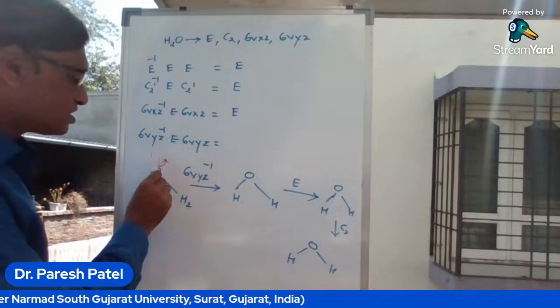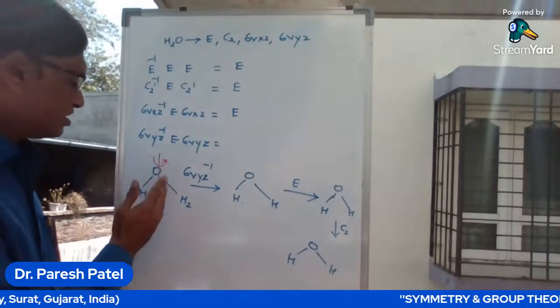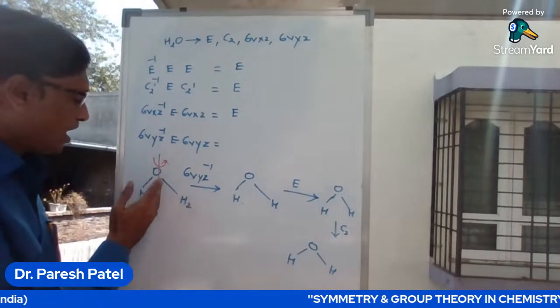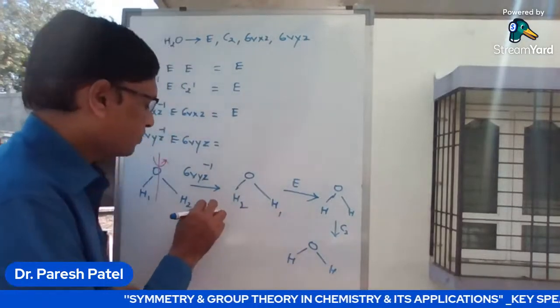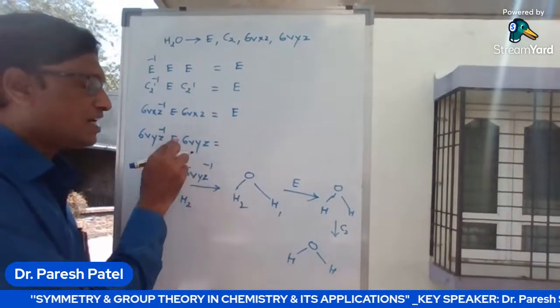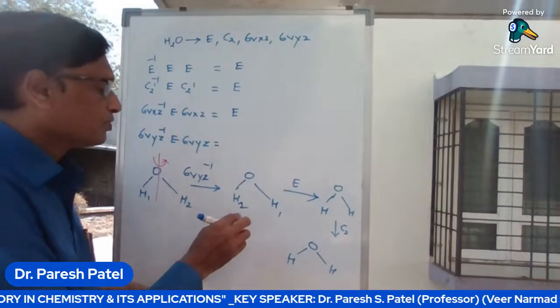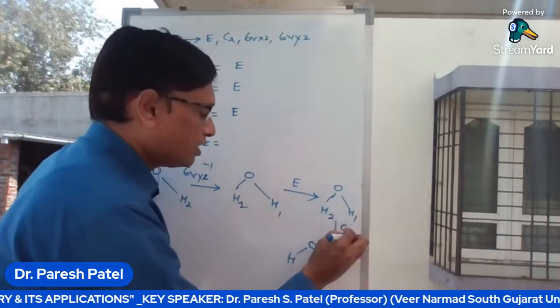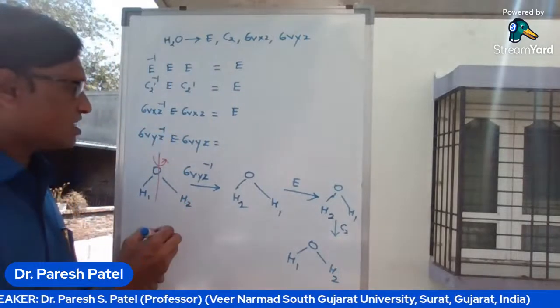So, if we operate sigma yz symmetry operation to the water molecule, the position of the hydrogens will change. So 2 and 1. Okay, sigma Vyz inverse, answer will be the same as sigma Vyz. Identity 2 and 1. Again C2, 1 and 2. So overall result is the same.